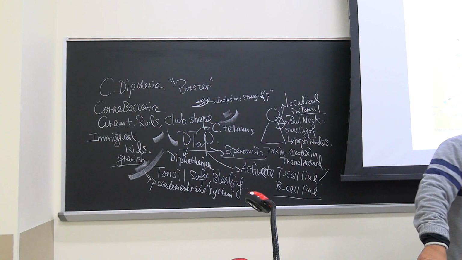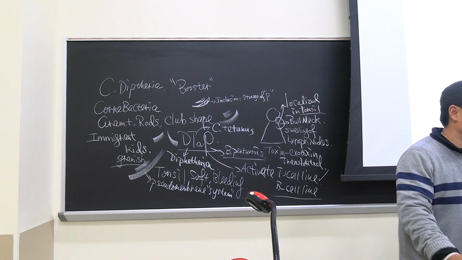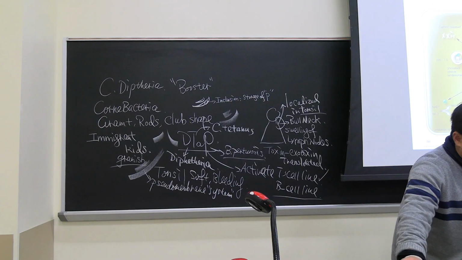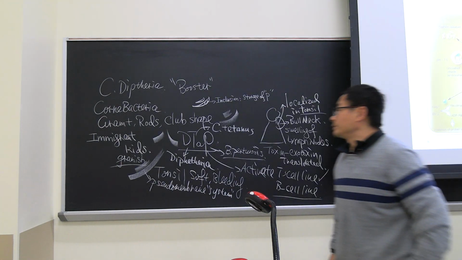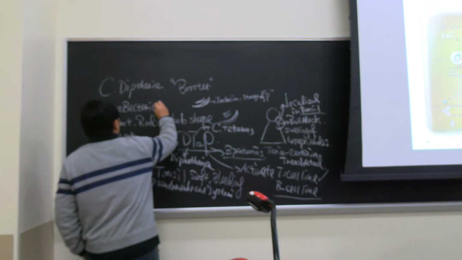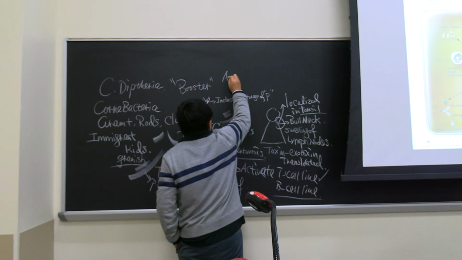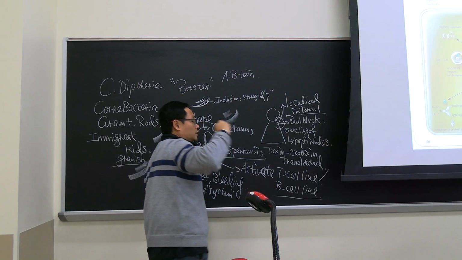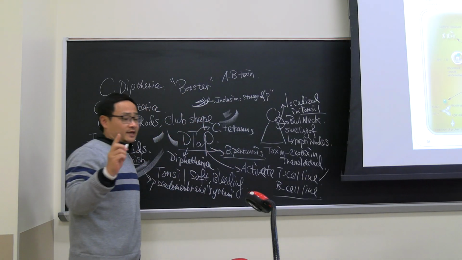This is the toxin, what it looks like. I'll be very brief here. When the toxin goes into the human tissue, it has two domains. This type of toxin we call an AB toxin. The AB toxin has two parts, two domains.